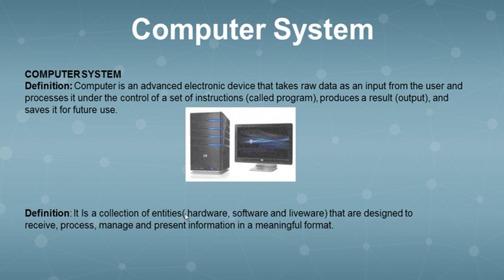Without that we can't work with the computer. For example, Microsoft Office, a game. So these are what? Software. We can work with them on the computer but we can't touch them.